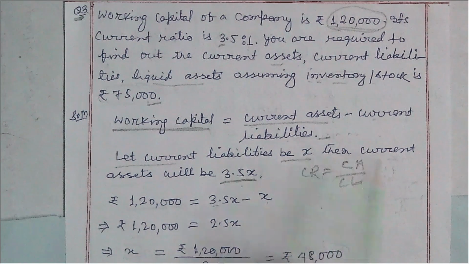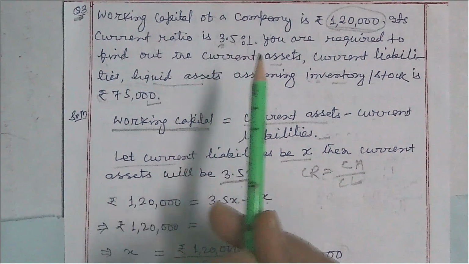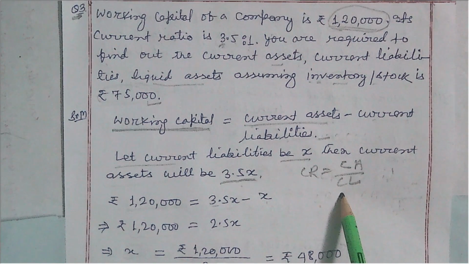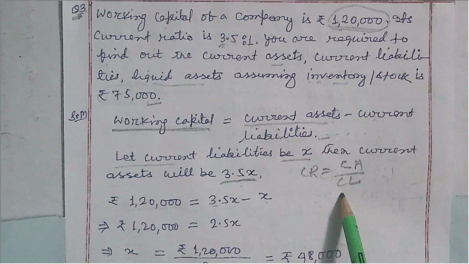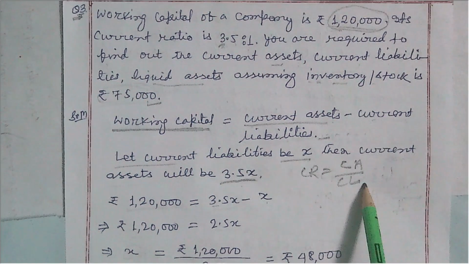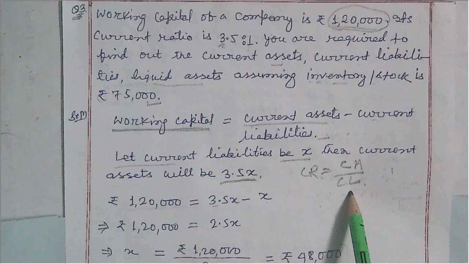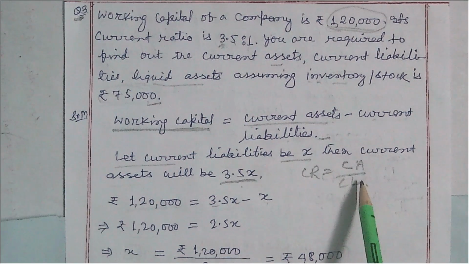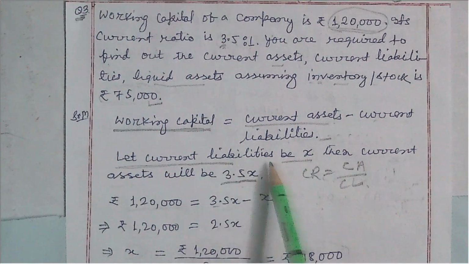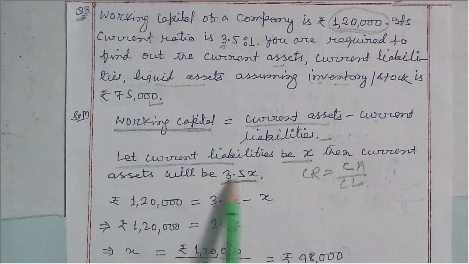When current assets are 3.5x, then current liabilities are 1. It means that current assets are 3.5 times that of current liabilities.